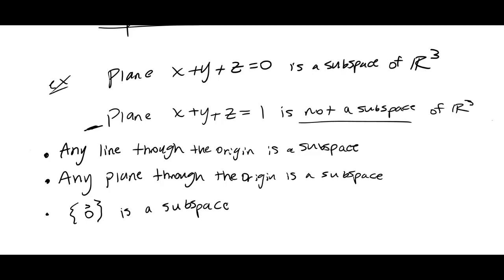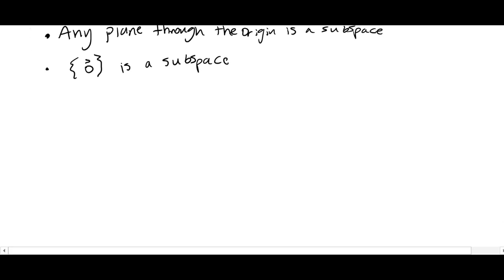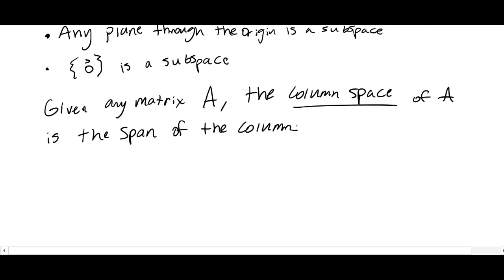So given any matrix A, it could be a square matrix, it could be not square, it could be 2 by 2, 3 by 3, anything, the column space of A is the span of the columns of A. So the set of all linear combinations.